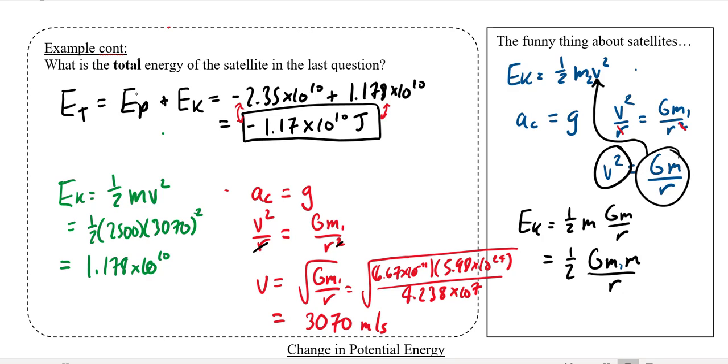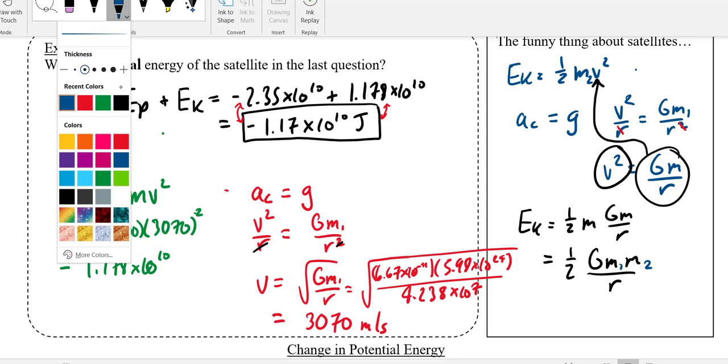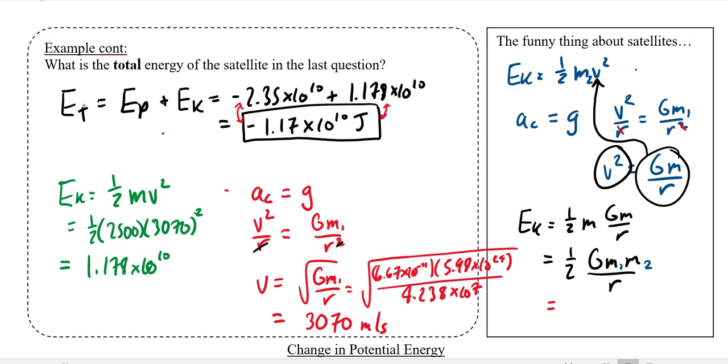So really, this should be G m1 m2 over r. And you notice that that is equal to half of GMm over r, which is really 1/2 of the negative of the potential energy. So the kinetic energy is going to be a positive value, but if I know my potential energy value and I multiply it by negative 1, half of that number will be the value for my kinetic energy.